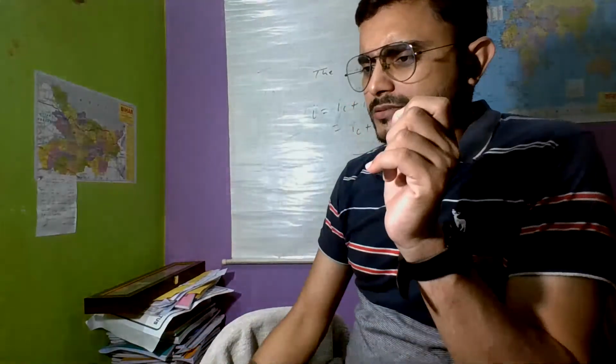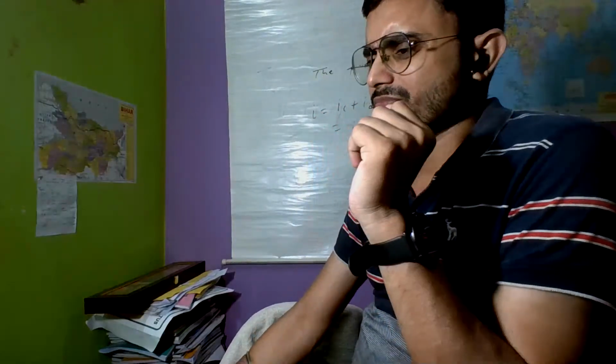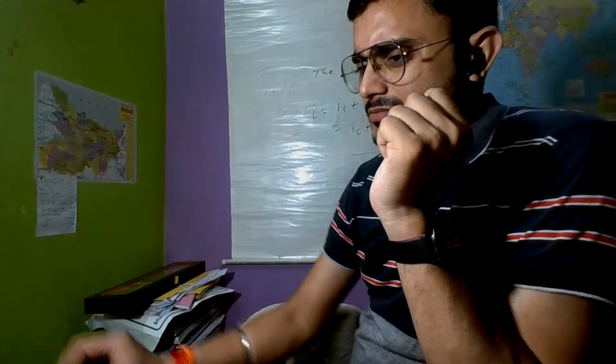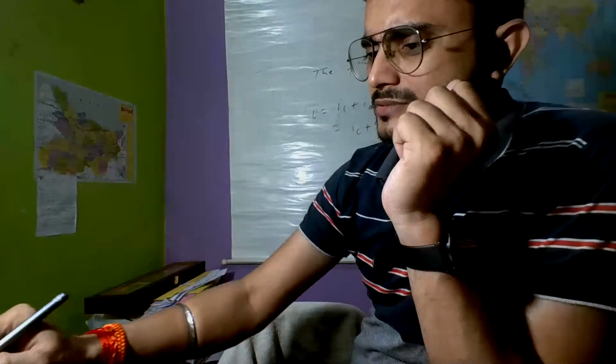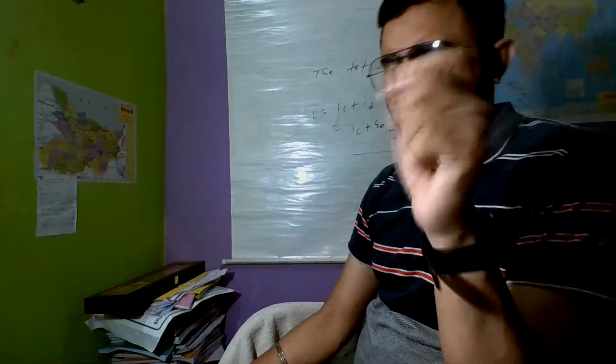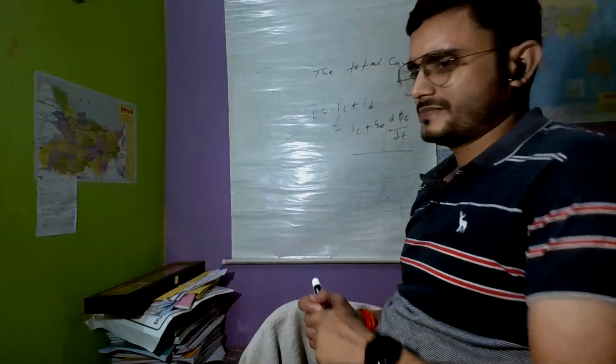The generalized and correct Ampere's circuital law has the same form, that the total current passing through any surface of which the closed loop is the perimeter is the sum of the conduction current and displacement current. Okay, and it is known as the Ampere-Maxwell law.